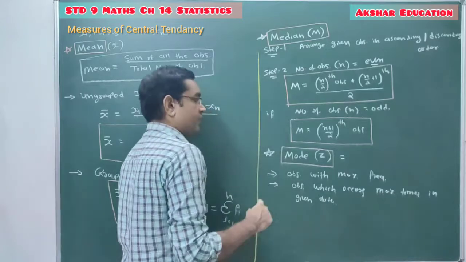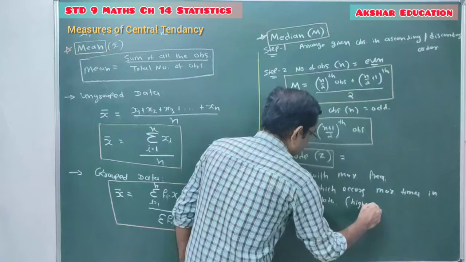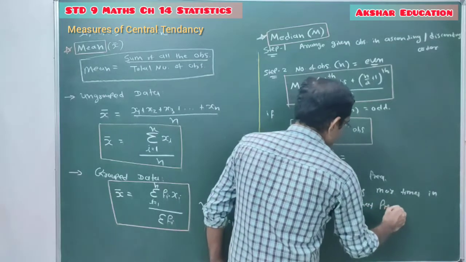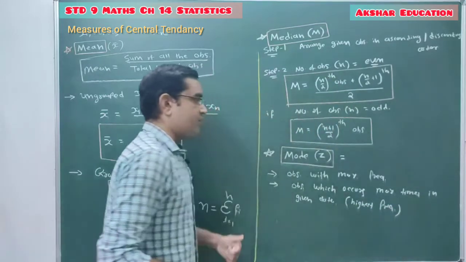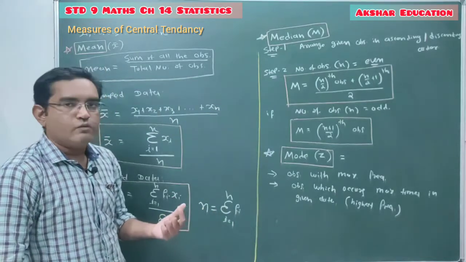The observation with the highest frequency, that means the observation which occurs maximum times in a given data, that is the mode of the given data.